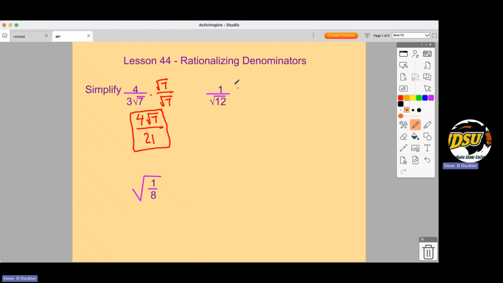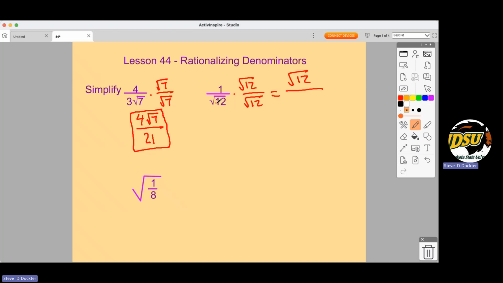All right, if we come over to this one over here, now there's a couple different ways to do this, but what we see first of all is we have this square root in the bottom. So if we followed what we did over here, we could multiply top and bottom by the square root of 12. And when we do that, we get square root of 12 on the top.